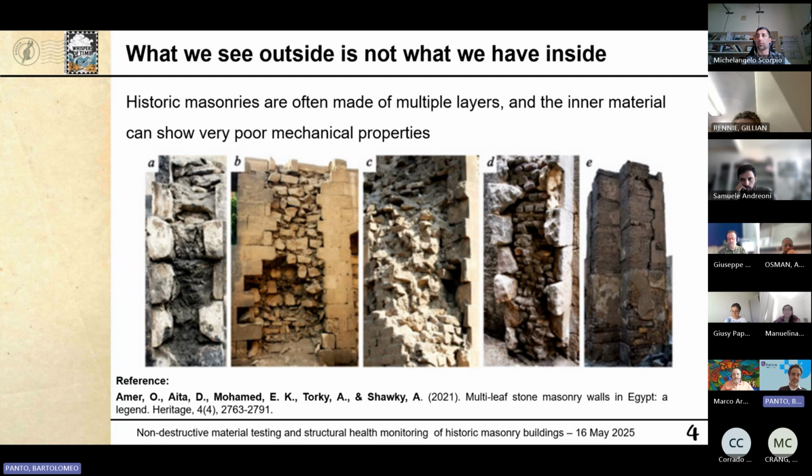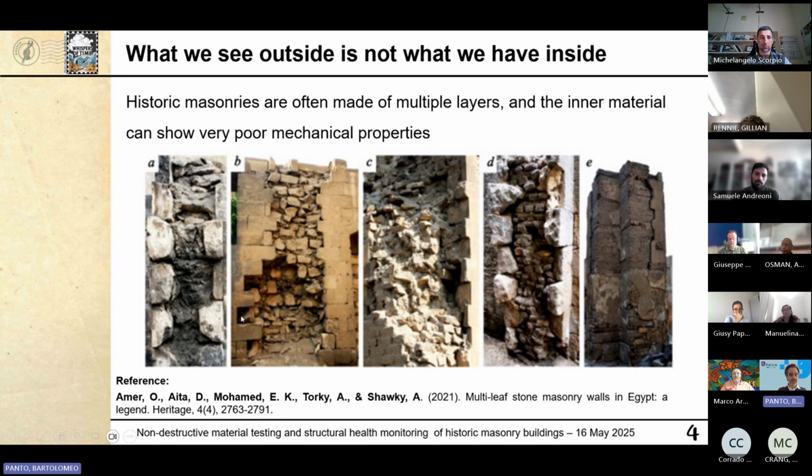Again, non-destructive tests have also been developed to help with this challenge. Some tests are designed to look inside the wall without opening any holes, to limit the damage on the external part of the wall.